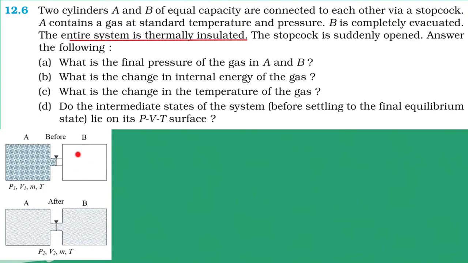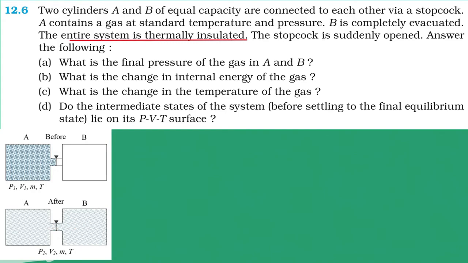The second one is evacuated, that means there is vacuum here, and this is the stopcock, means it is one sort of valve we can say. So when you open this valve, obviously the gas will rush here, and in the final condition the gas will be distributed here in both of these containers, or say both of these cylinders.